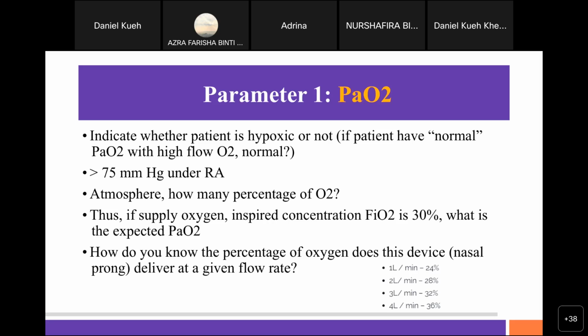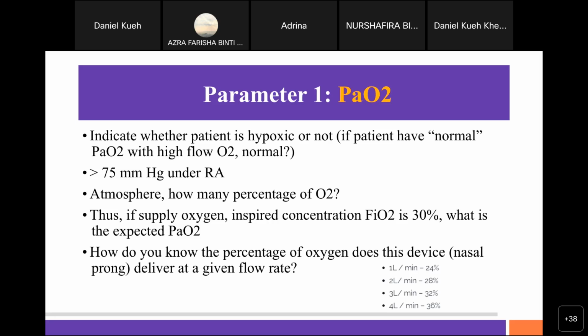I read in a paper that if you supply 21%, or roughly 20%, of oxygen, the FiO2, you have to minus 10 kilopascal. So 20% is equivalent to 10 kilopascal, because you minus 10. And 10 kilopascal basically means 75 mmHg.